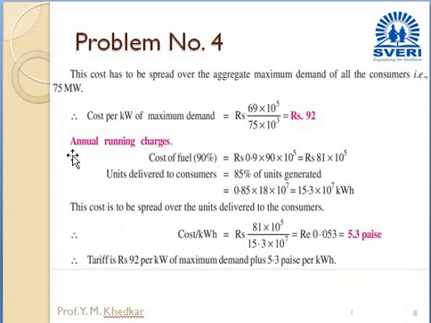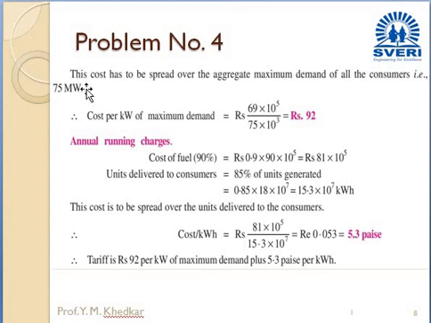Next, this cost has to be spread over the aggregate maximum demand of all consumers, that is nothing but 75 megawatt. So cost per kilowatt as per the demand means here the aggregate maximum demand of 75 megawatt has been satisfied.